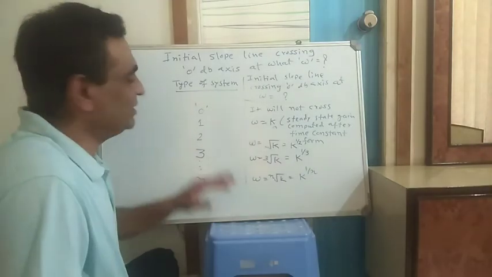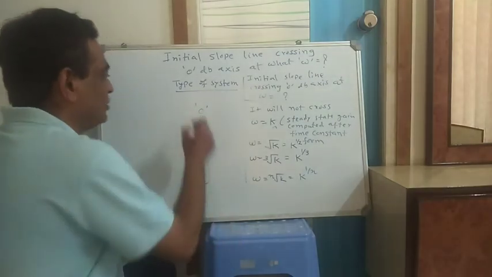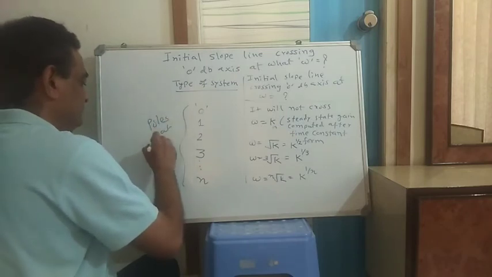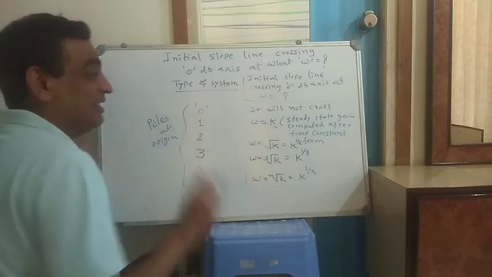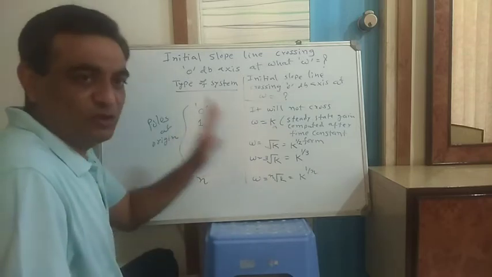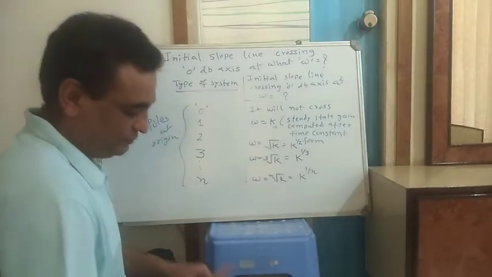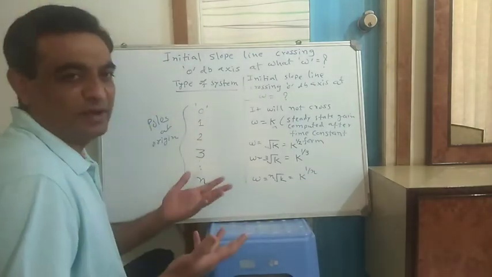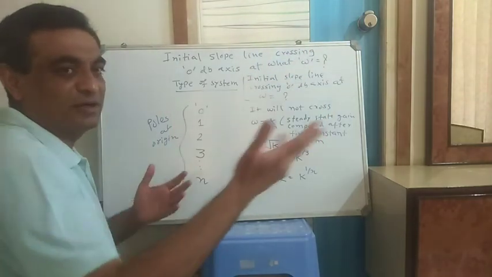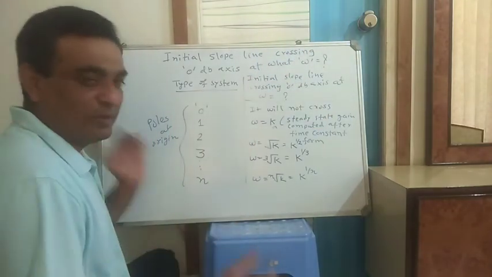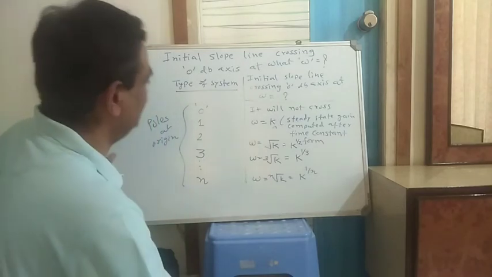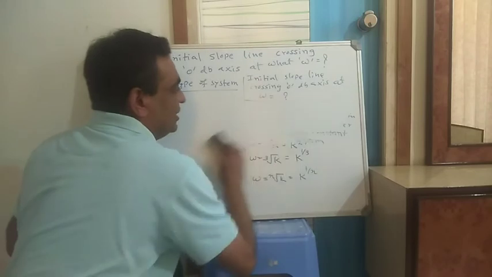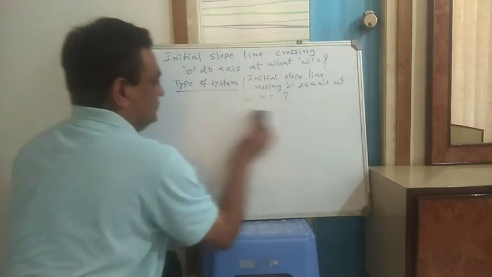Now this was about poles at origin. But it may happen that there can be zeros at origin also. First of all, either poles at origin or zeros at origin can occur, both cannot occur, because the numerator term can be cancelled out with the denominator term. So now if it is zeros at origin, what is the scenario?